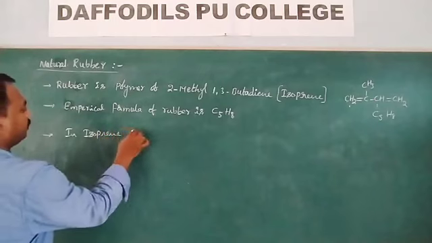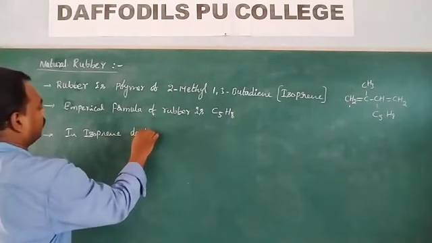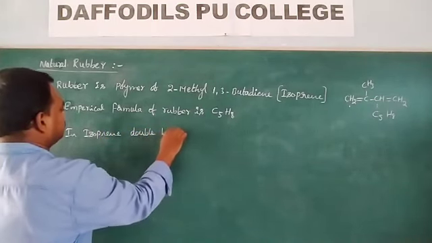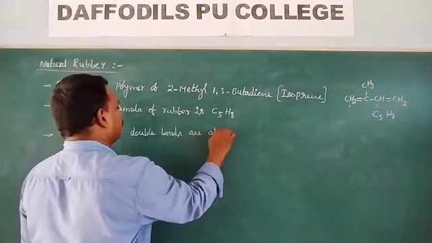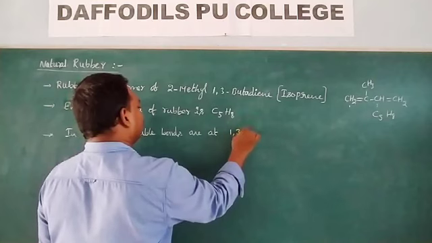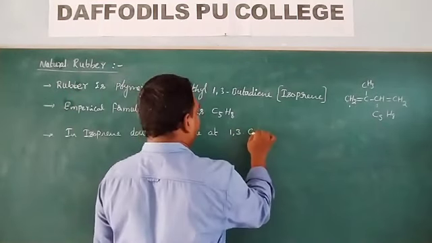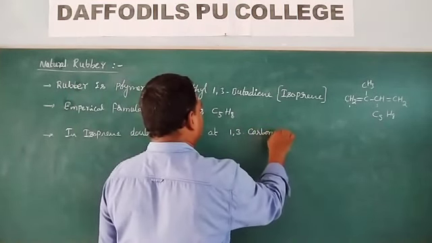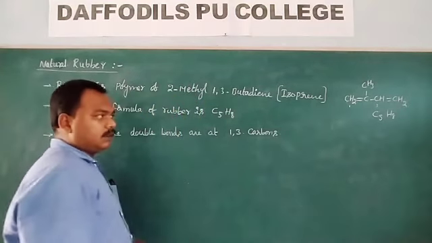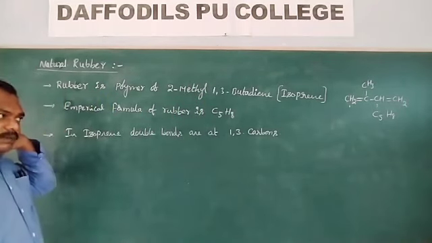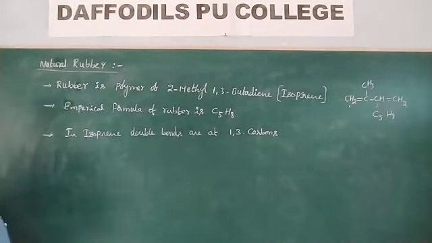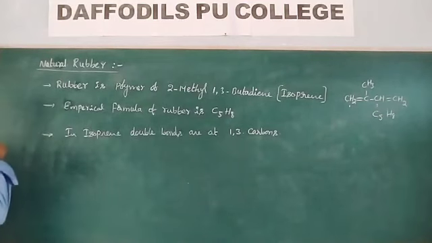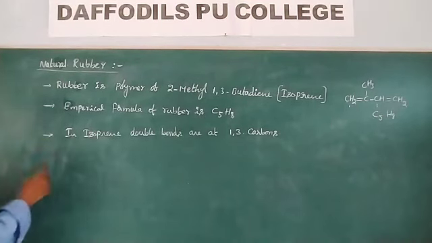In isoprene, double bonds are at 1, 3 carbons. Double bonds are present at first carbon and at the third carbon. When these isoprene units are connected, you will get the rubber.